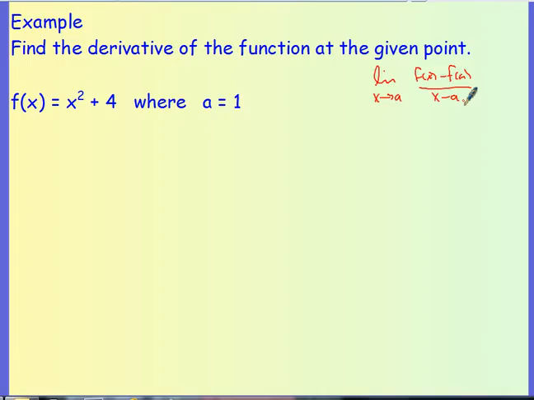Okay, so here's my rule. It's the limit as x approaches a of f of x minus f of a over x minus a. Okay, what does f of a mean, by the way? You plug in a into the function.